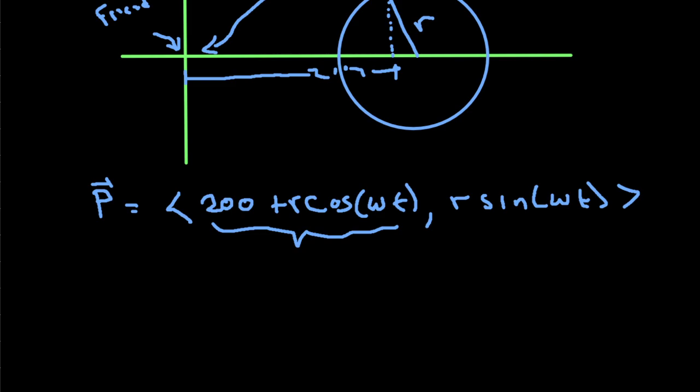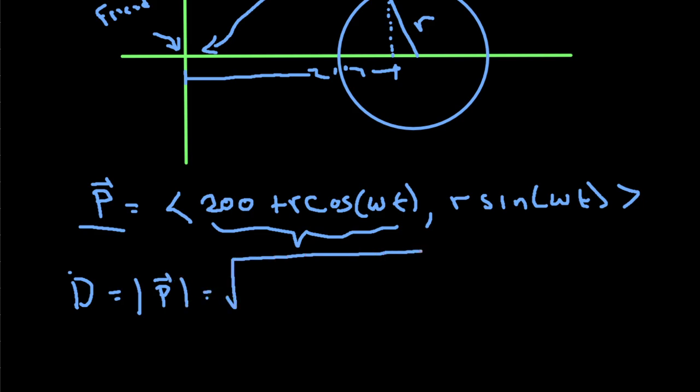And now that we have this, we can do a few things. Let's go ahead and find the distance of this vector. So the distance d is the same thing as the magnitude of the position vector. And that's going to be equal to the square root of the sum of the squares of each component.